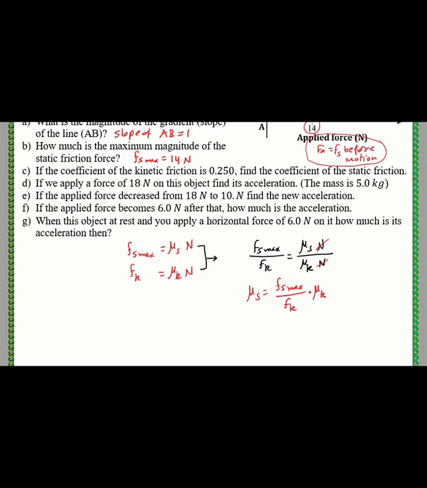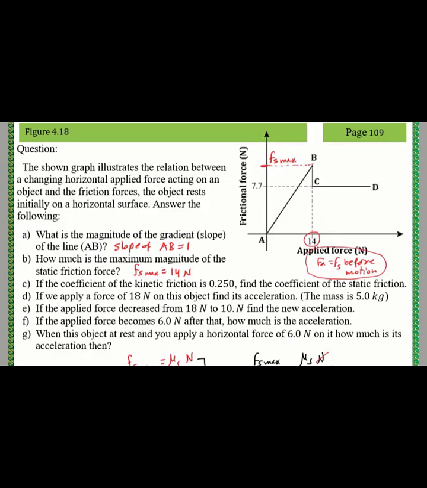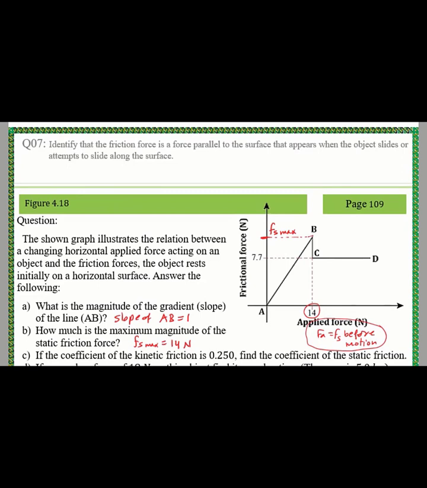Now, Fs maximum from the graph is 14. And Fk from the same graph, this number indicates the Fk. This is Fk, the friction while the object is in motion. So it is 7.7.